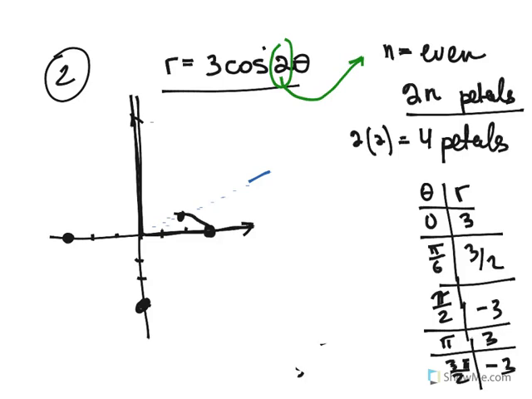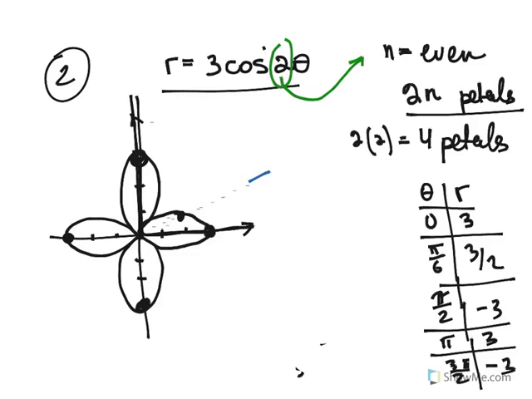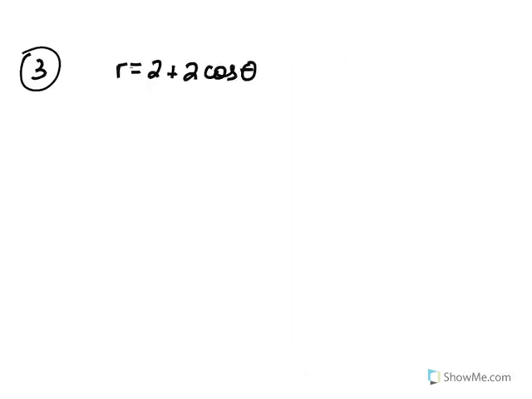So 3 pi over 2, 270 degrees, and it's -3, so you're going the opposite direction, and that's where you are. And all the petals meet at the origin. So we're going to get something like this, and we were expecting to get 4 petals, so that's what we have now.